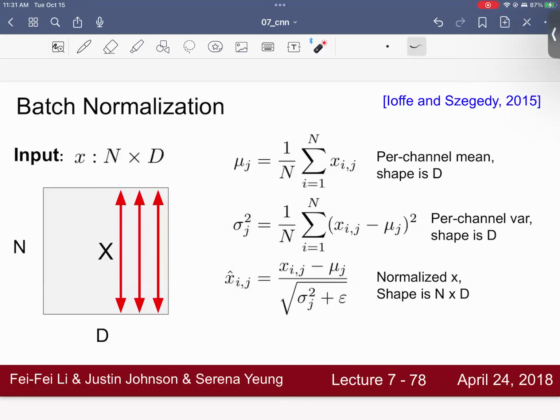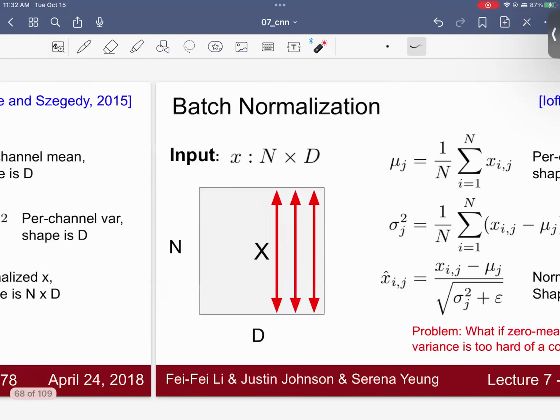So there's one pair of mu and standard deviation per dimension, and then you apply that to each individual feature. You're doing a z normalization per individual feature per sample here. This is what's happening here, and then you scale and shift.